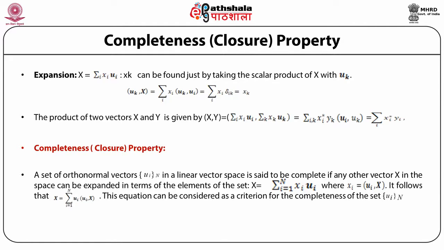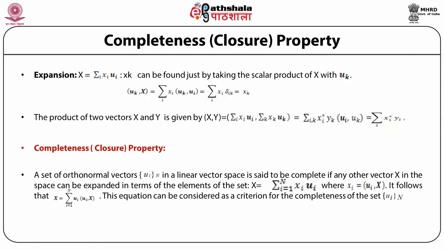Mathematically, this is given as capital vector X is equal to summation i going from 1 to n xi ui, where ui are the set of unit vectors that are orthonormal and xi are the corresponding coefficients, and where xi is given as the inner or the scalar product of the orthonormal vectors ui and vector capital X.